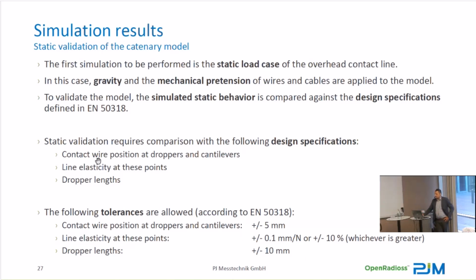You have to compare the wire position at the droppers and cantilevers, the line elasticity at these points, and the dropper lengths. The standard gives you some tolerances which you're allowed to use. For the contact wire position, you can have plus minus 5 millimeters.